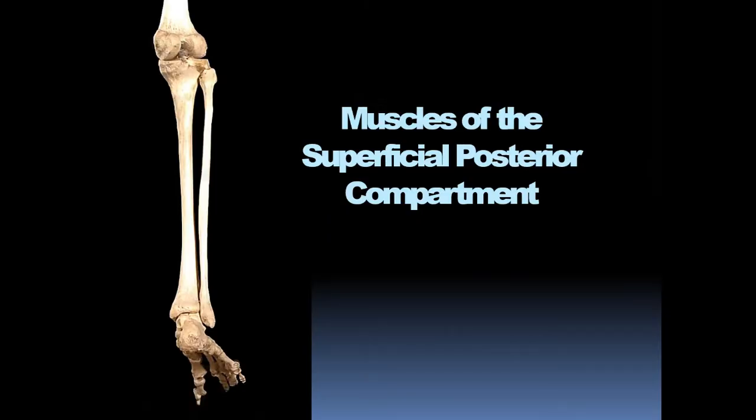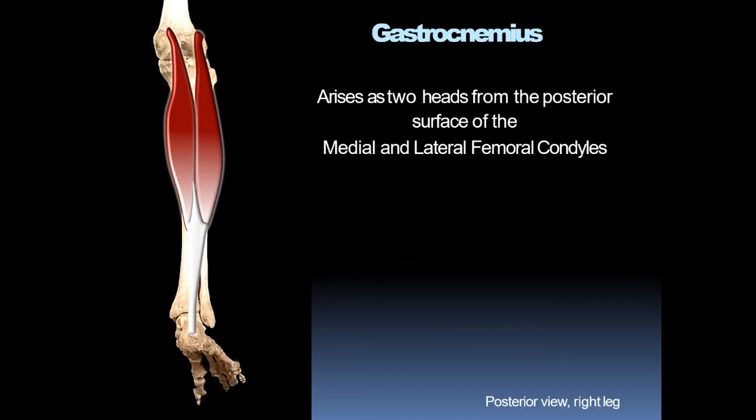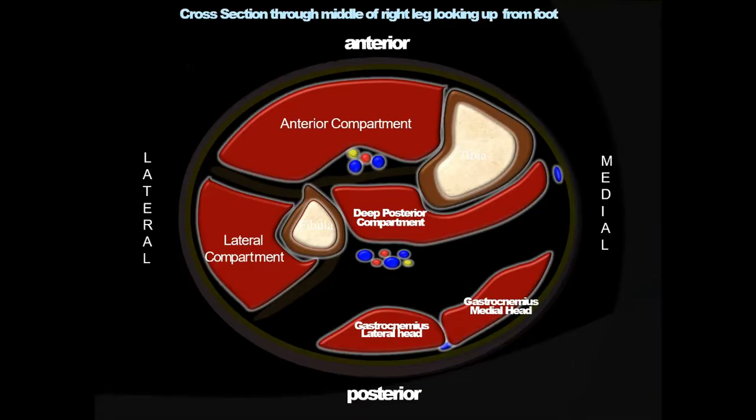Now muscles of the superficial posterior compartment. Number one, gastrocnemius arises as two heads from the posterior surface of the medial and lateral femoral condyles. In this diagram also we can see presence of the gastrocnemius medial head and the gastrocnemius lateral head.